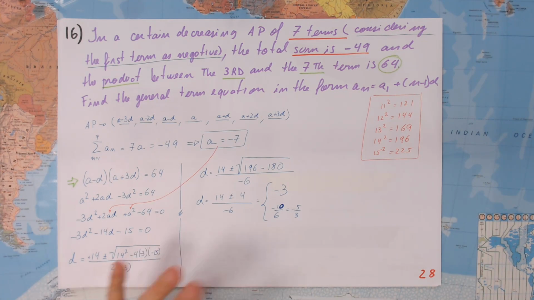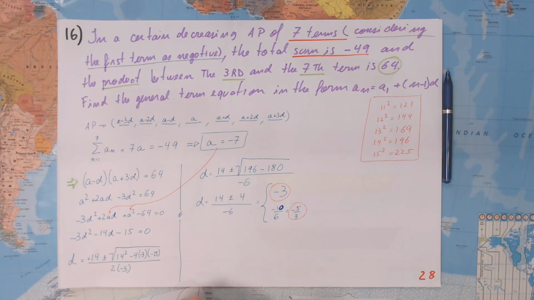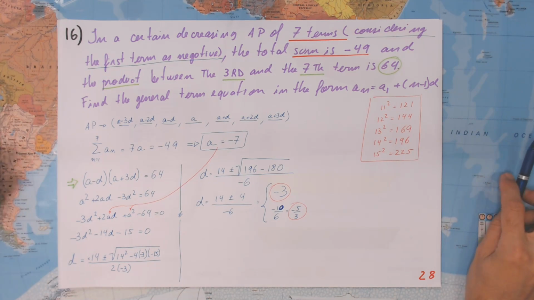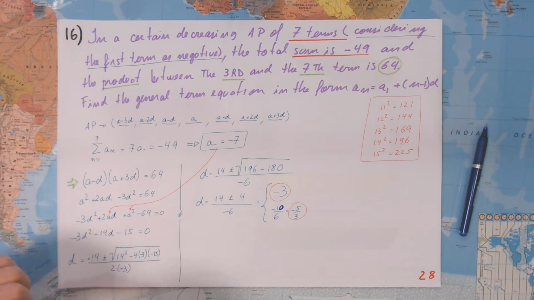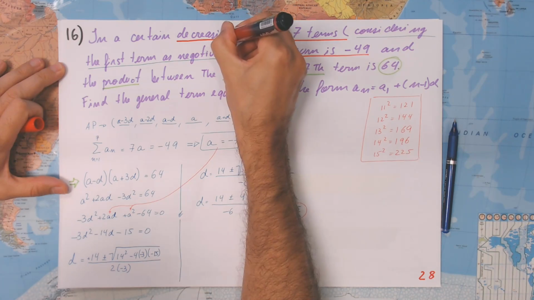Now, let's stop for a moment and think. Which one are you going to choose? Because so far we have two, right? We have this one and this one. Which one are we going to choose?